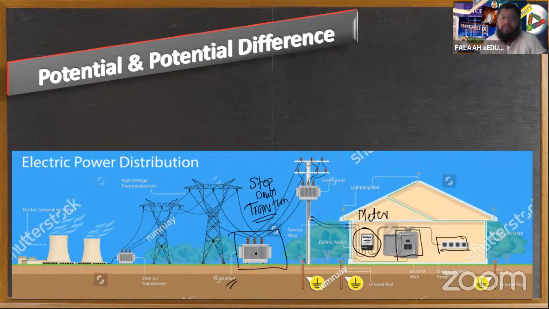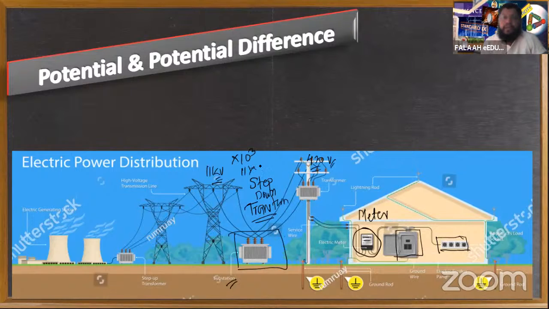What does step down mean? It steps down. Suppose this is an 11 kV line and this is our 420 volts, whatever the kV, kilovolt, and this 420 kilovolt means 240, 420 volts only. This is kilovolt. Kilo means 10 raised to 3.